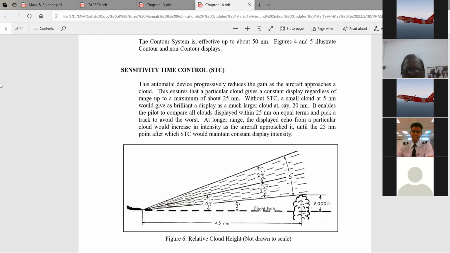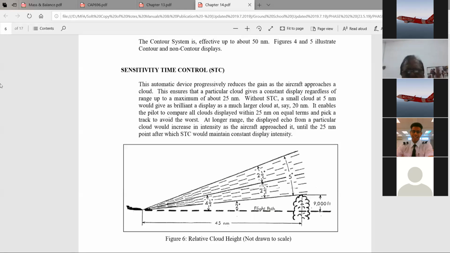Understood? We'll do a couple of numericals on this. I would like the class to understand this very clearly. Okay? Now, when we talk about the tilt, I said tilt above the aircraft, tilt below the aircraft.